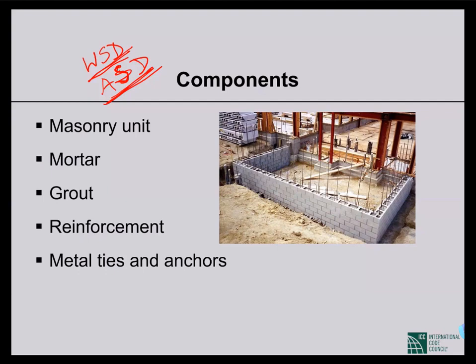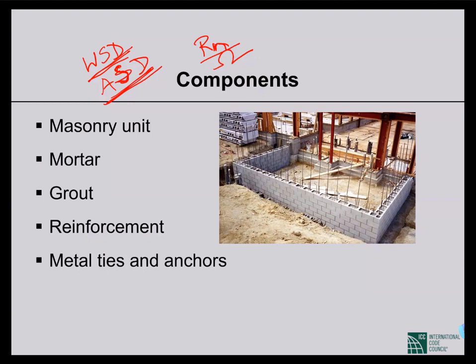In allowable strength, we always calculate the nominal ultimate capacity, Rn, just like for LRFD, load resistance factor design. So we calculate Rn, the ultimate capacity, and then we divide this by omega to check the service loads. So that is the approach.